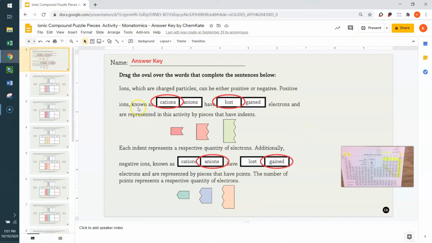Again, it's very important to understand that cations, which are our positive ions, lose electrons. They give away those negative charges to become overall positive. Whereas our negative ions are known as anions, and they gain electrons. They take on negative charges, so they are anions.